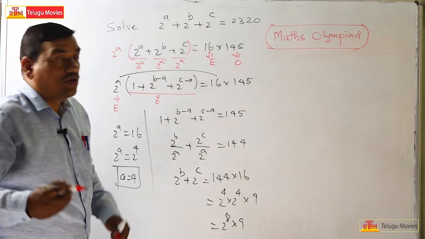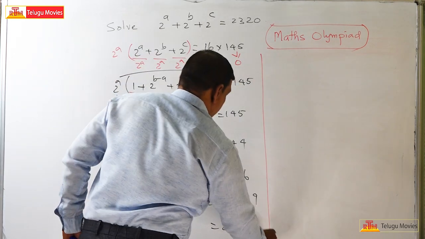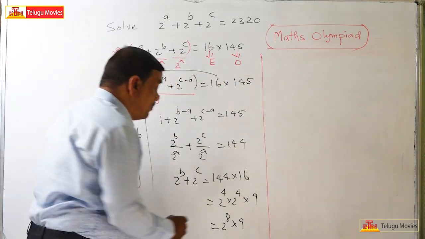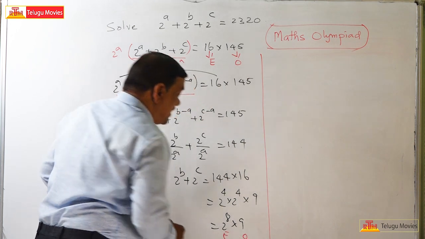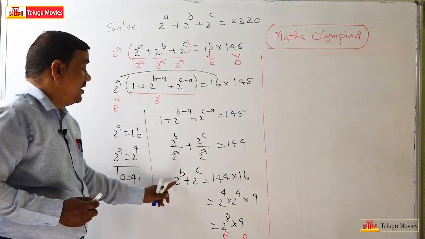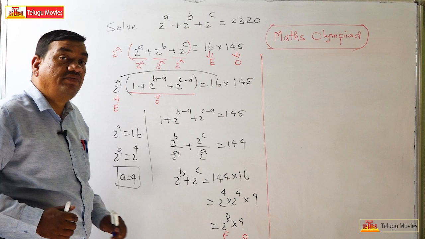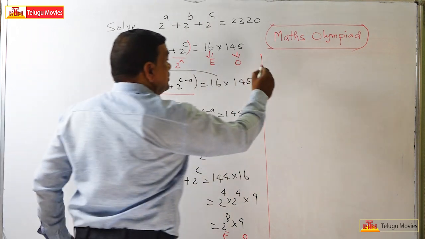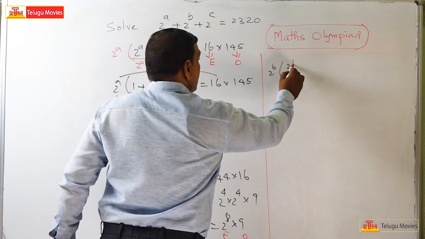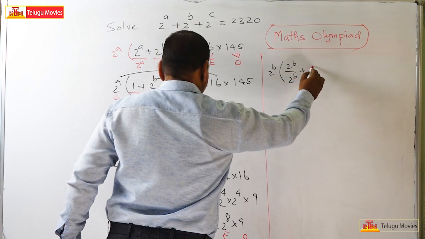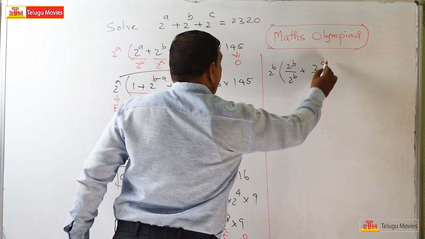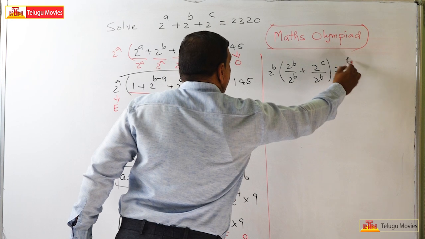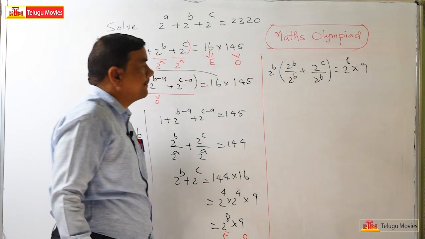Okay. So welcome back. See here clearly 2 power 8 is an even number, 9 is an odd number. Here multiply and divide with 2 power b. So this is equal to 2 power b by 2 power b plus 2 power c by 2 power b is equal to 2 power 8 into 9.